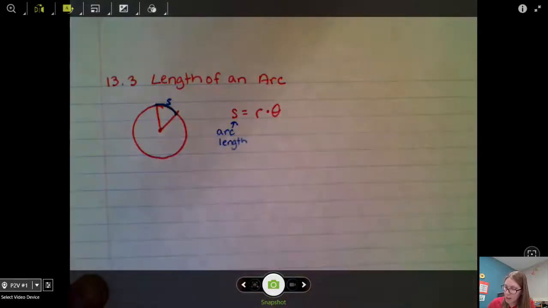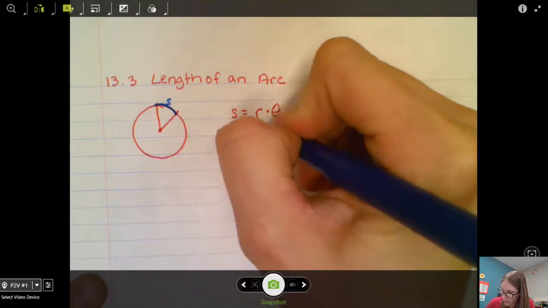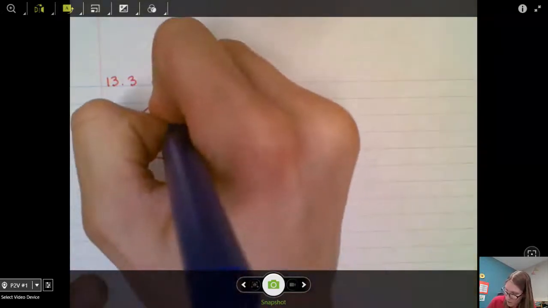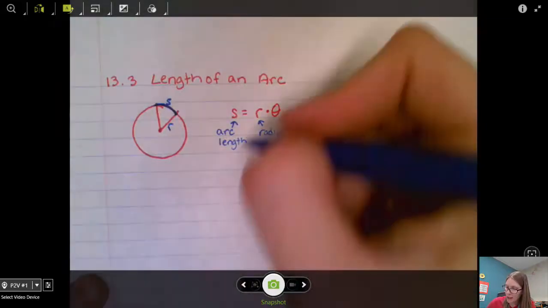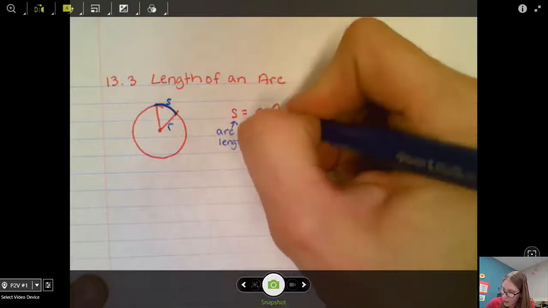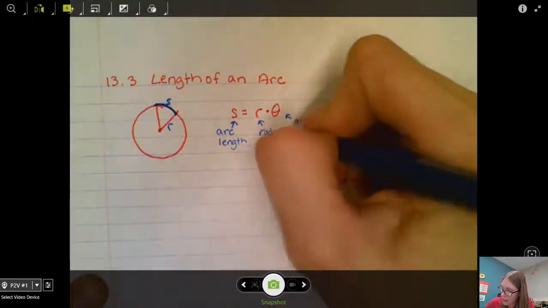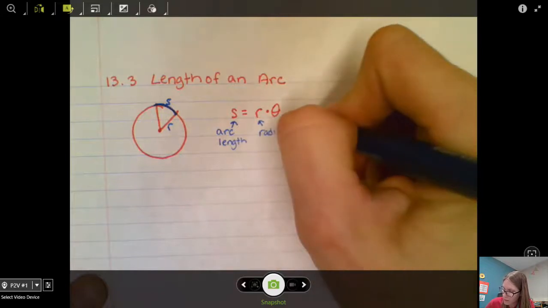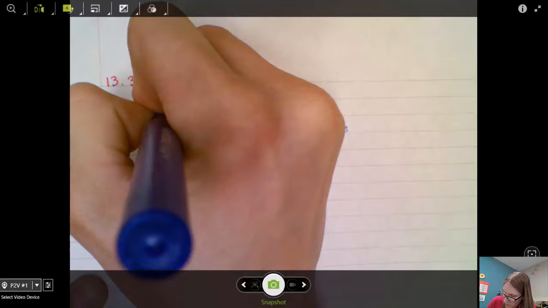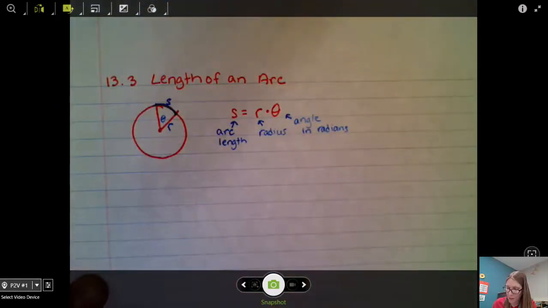R is the radius of your circle. And this symbol theta represents the angle measure. The angle has to be in radians.